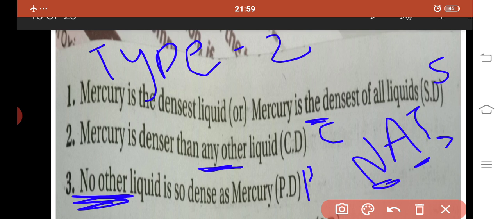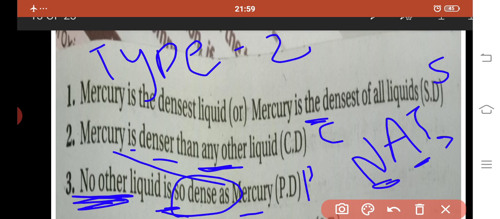So no other liquid is so dense as mercury. When we change it into comparative form, we bring this word mercury in front of the sentence and we have to put tense here. Mercury is, so dense becomes denser.